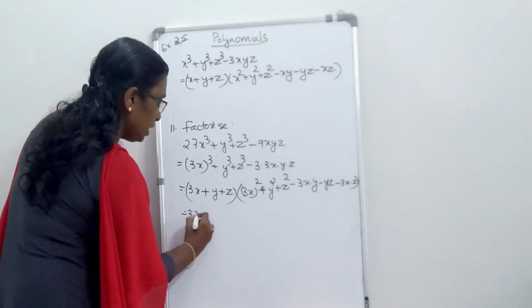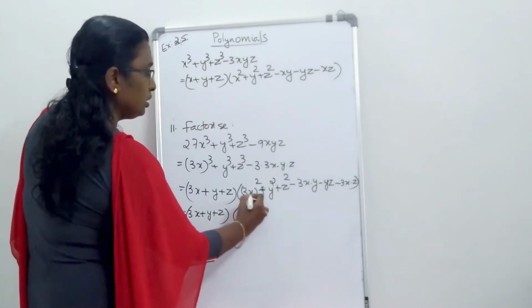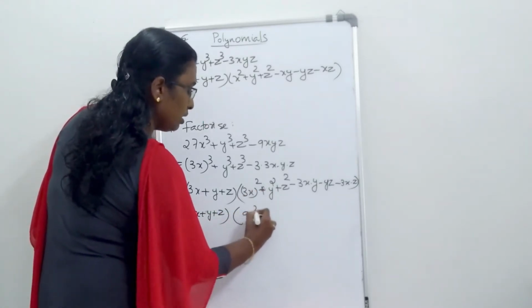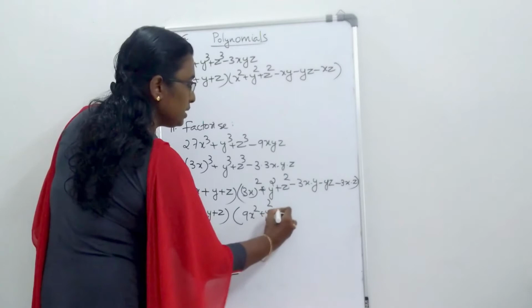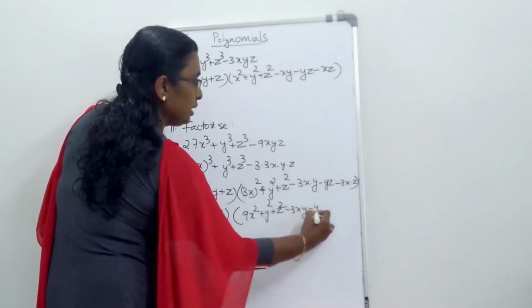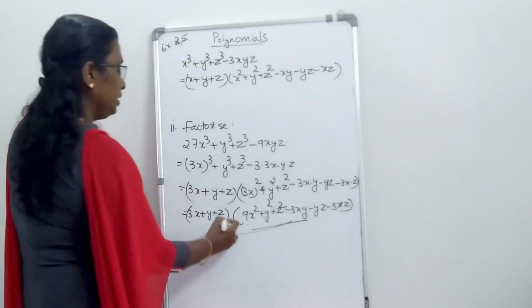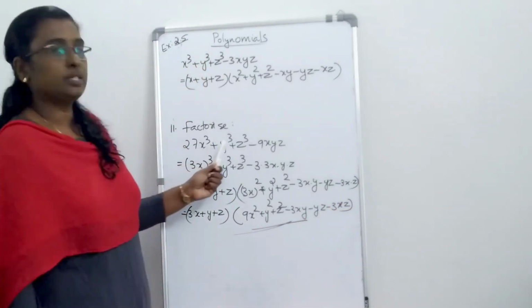Equal to 3x plus y plus z into 9x square plus y square plus z square minus 3xy minus yz minus 3xz. These are the two factors of this expression.